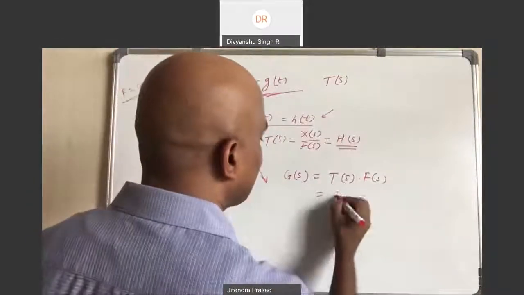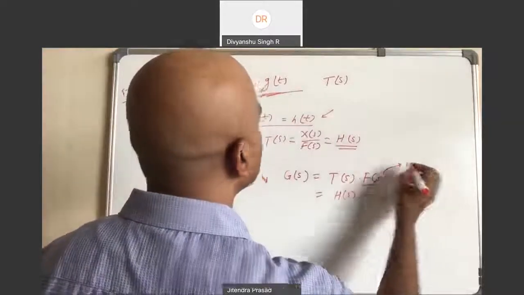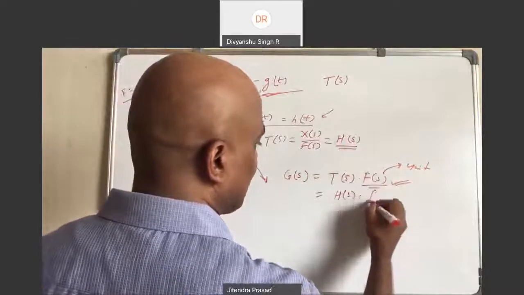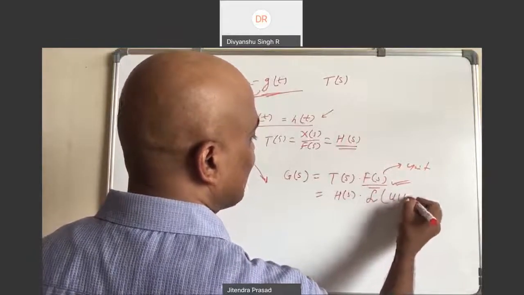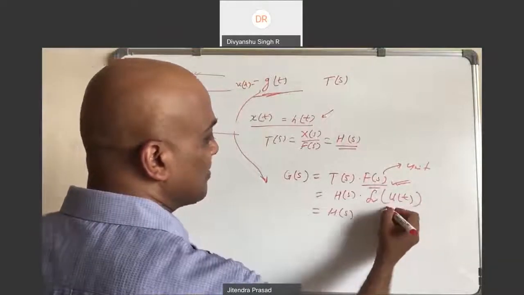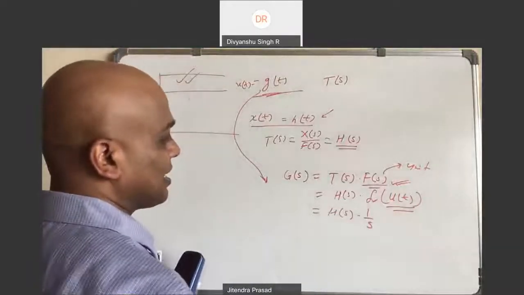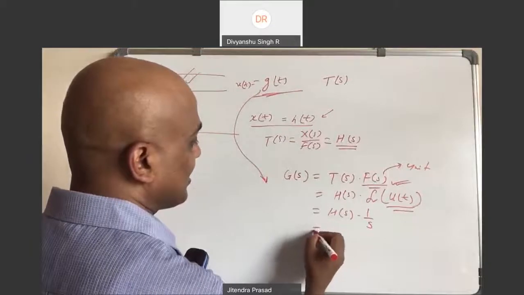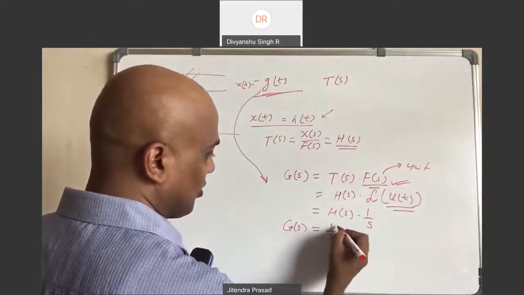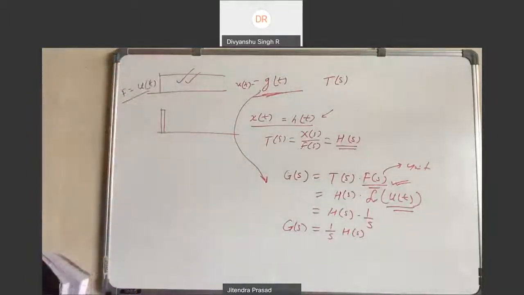So we have H(s) times F(s). F(s) is for unit force, the Laplace of the unit step function, right? For the unit step function, the Laplace transform is 1 over s, right? So what you get? You get G(s) equal to 1 over s times H(s), right?